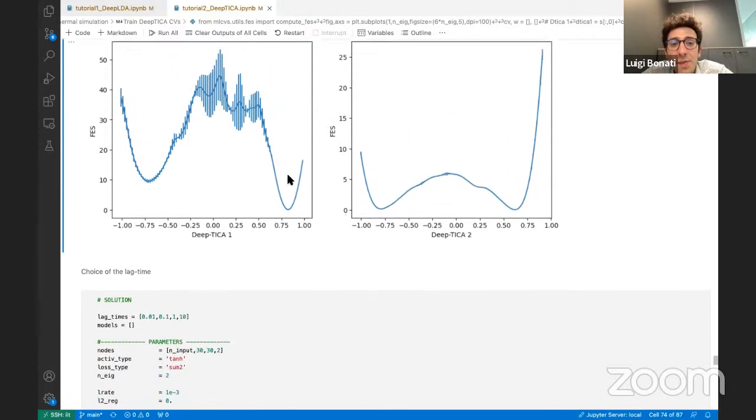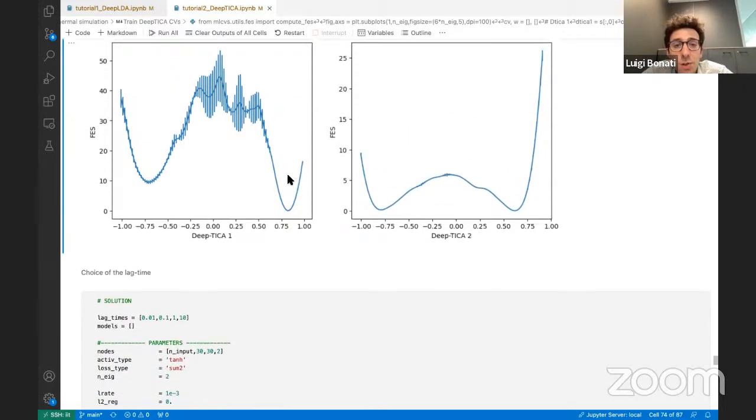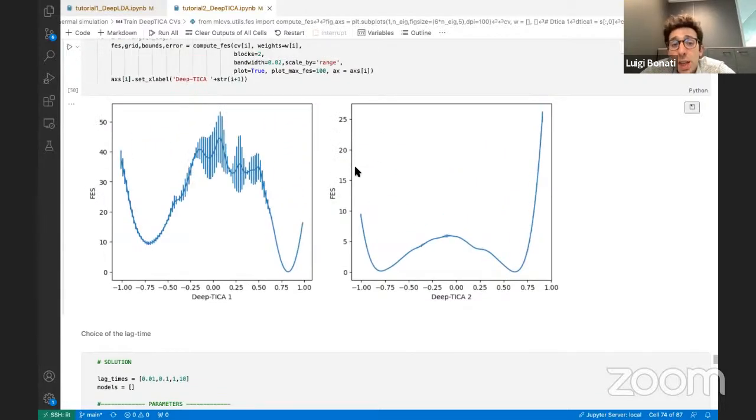Even if we don't know anything, we can understand that this deep Theta1 CV describes a rare transition between two states, while this other one is already quite simple. Also the free energy uncertainty here is very small because it has been quite well sampled. So what we need to do is to bias only the first CV.